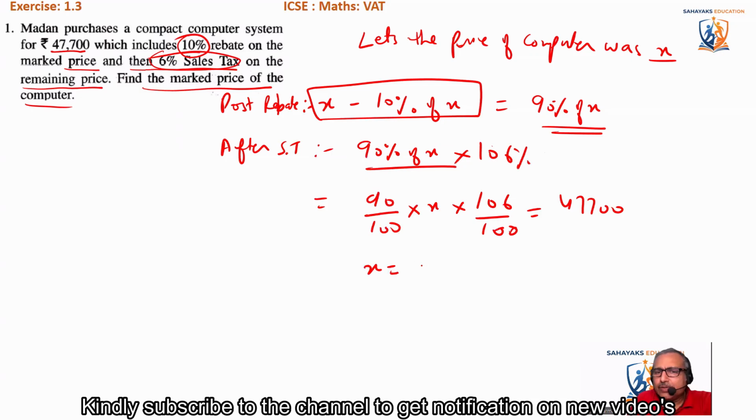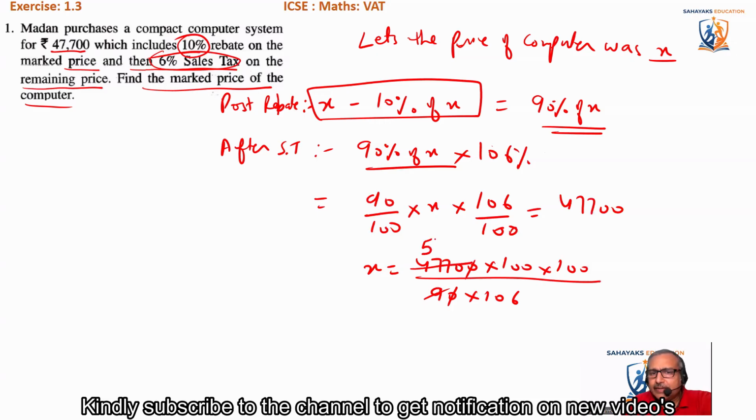Now X is equal to 47700 multiplied by 100 multiplied by 100 divided by 90 into 106. So the 0 is cancelled out. 9 will cancel out this: 9 5s are 45, 9 3s are 27. It's 530.